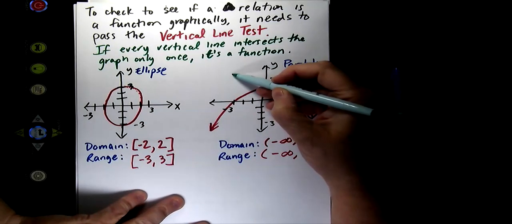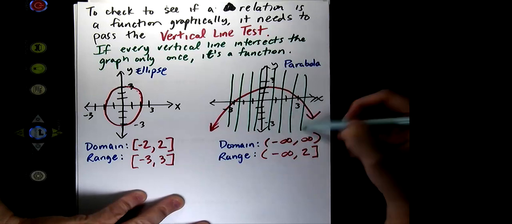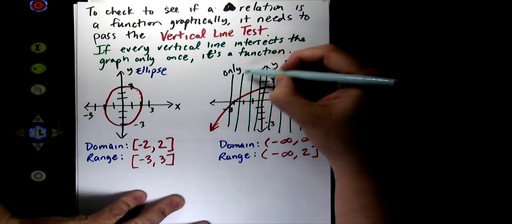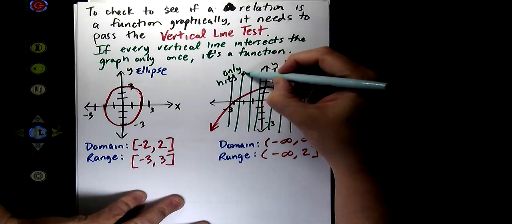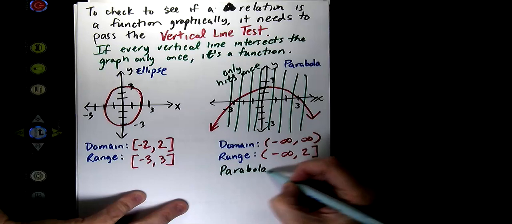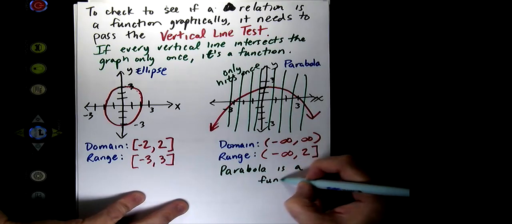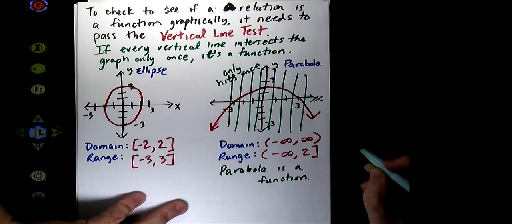Like, you wouldn't draw it on there, but I'm drawing it to show it. Only hits once. So the parabola is a function. At least this parabola is. Sideways parabolas are not.